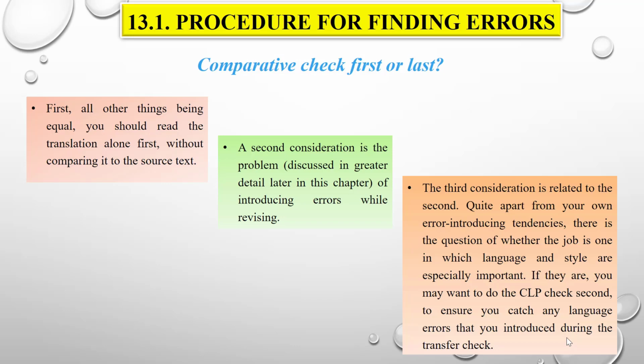Now we come to the second question, comparative track, first or last. To answer these questions, there are three considerations which unfortunately may not all lead to the same conclusion. First, all other things being equal, you should read the translation alone first, without comparing the translation itself to the source.